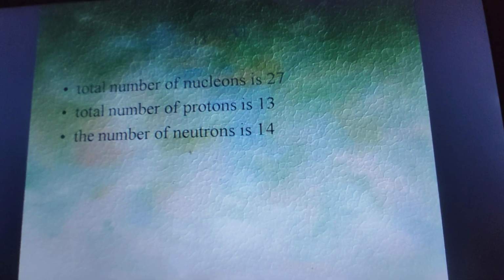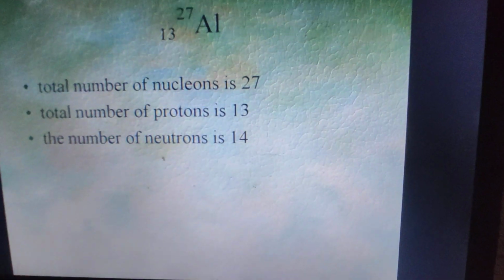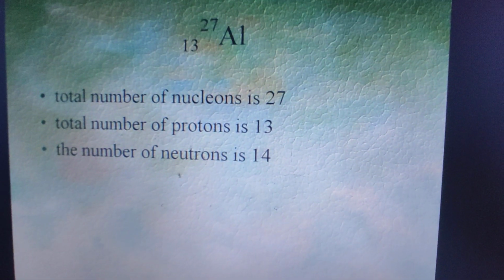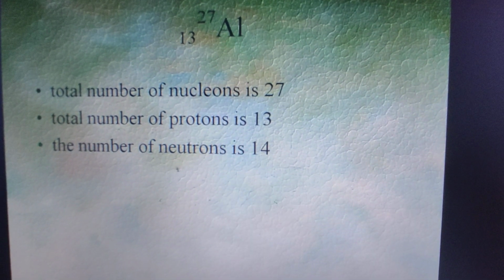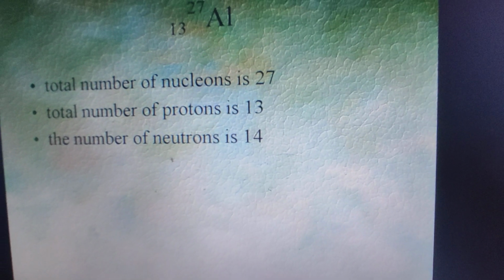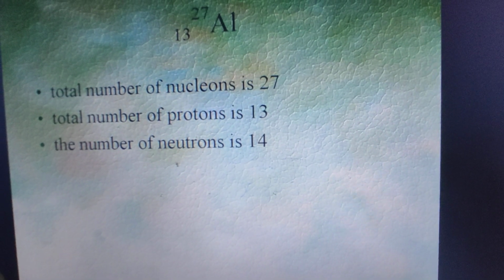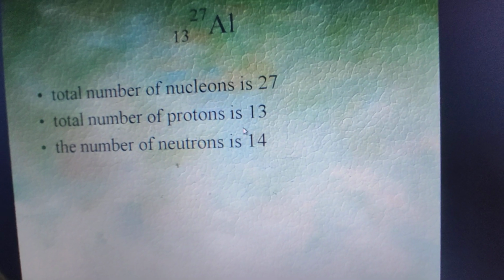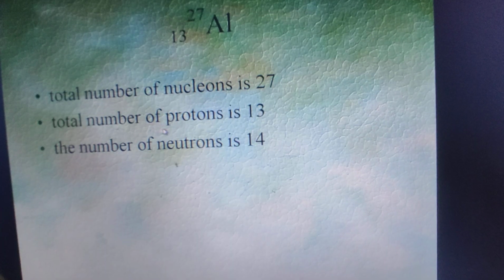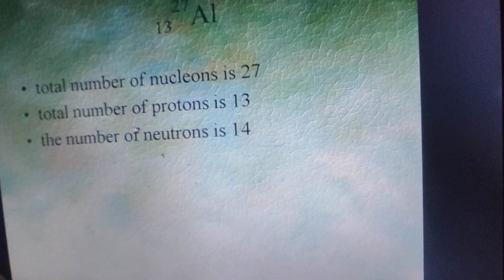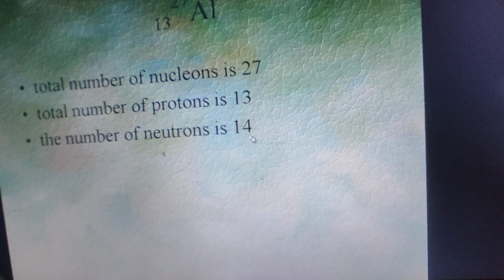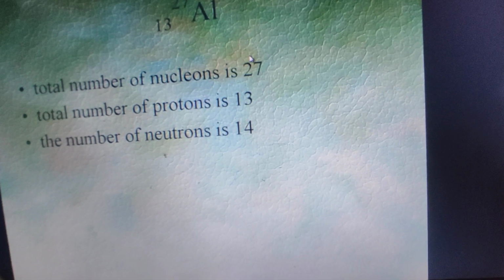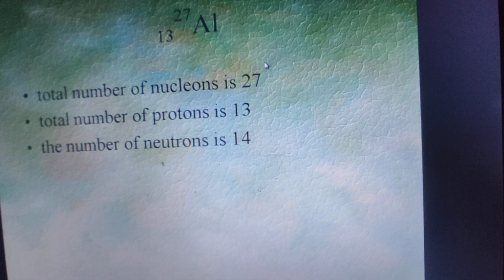Let us consider the example of aluminium, 27 over 13 Al. Aluminium is the element, the total number of protons is 13, that is Z, and the total number of electrons is also 13. So the total number of neutrons is what? A minus Z.